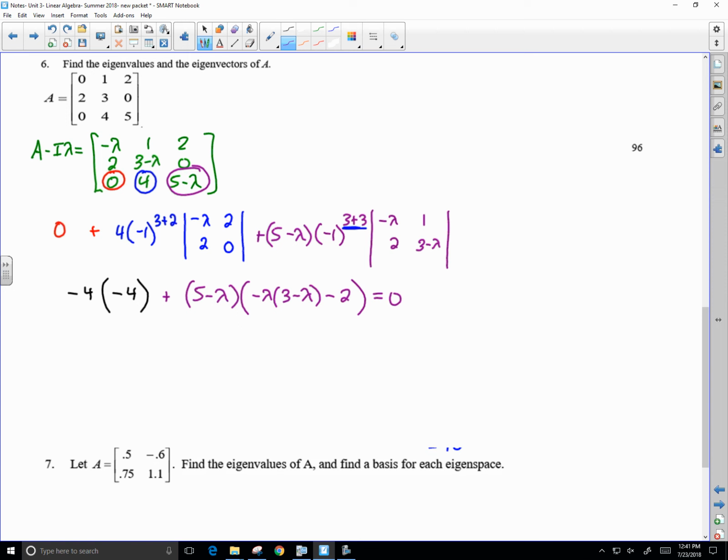All right, so again, kick over to your calculator if you think it's going to help. If you don't like the calculator, if you don't know how to do it on the calculator, then it's not going to help, so don't do it. But if you do, then just type it right in and see where it gets you. Otherwise, start distributing, start cleaning up.